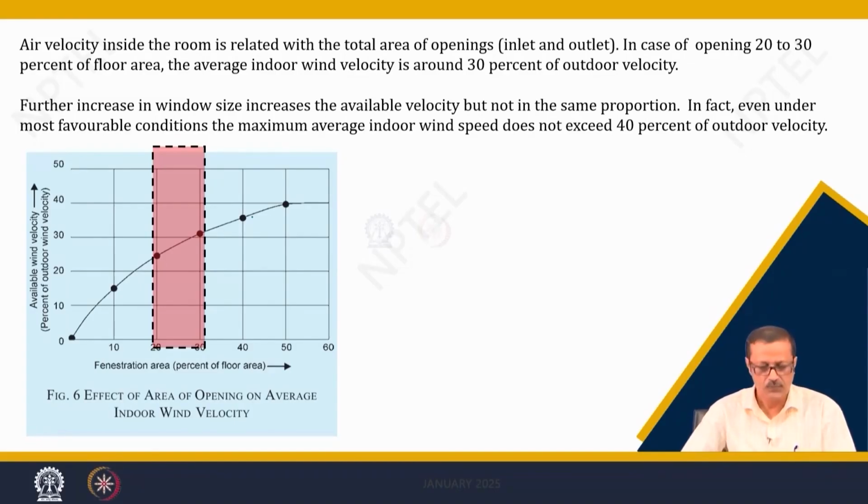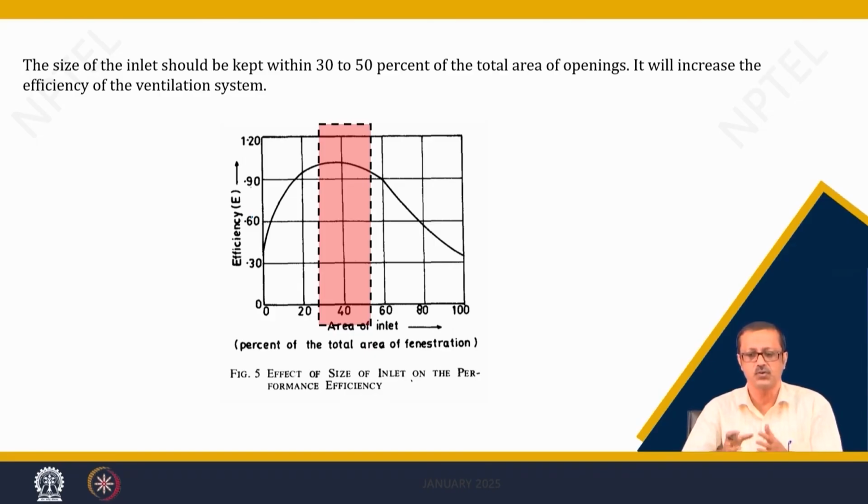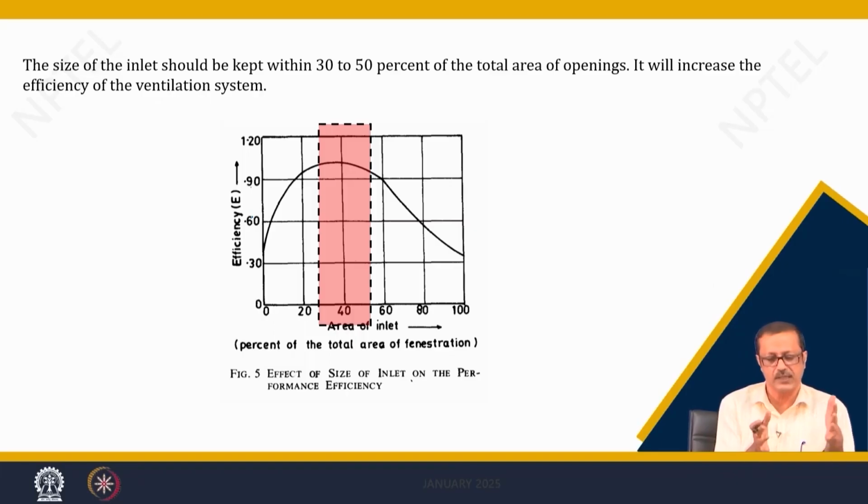That is one point, and the next point is the size of the inlet. The size of the inlet should be around 30 to 50% of the total area of the opening. So, that means there are two fenestrations: one on the windward side, which is the inlet, and one on the leeward or adjacent side, which I call the outlet.